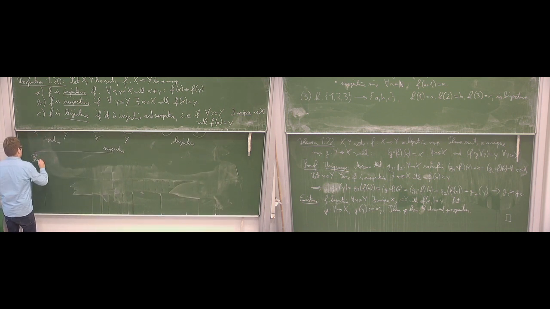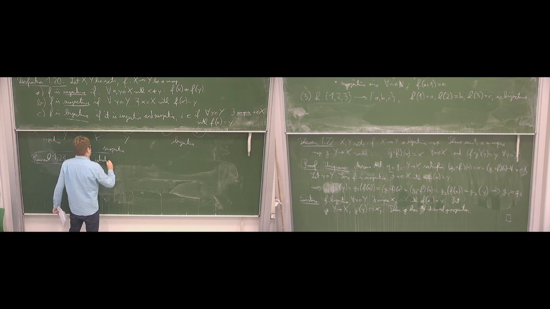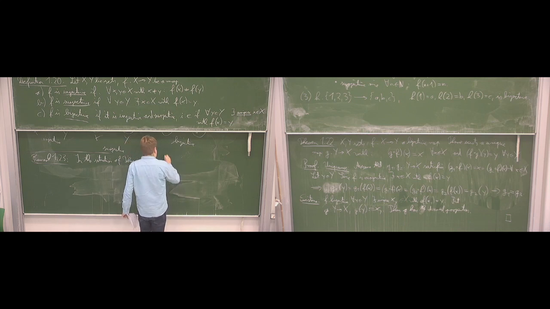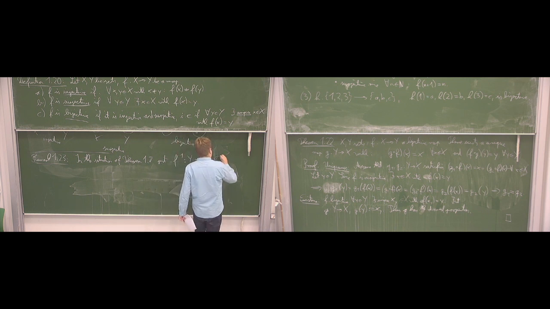A final remark, 123. In the situation of Theorem 122, we define f to the minus 1, which we have used for the pre-image notation before, but here it's supposed to be something different. This is just a different notation for this map g.